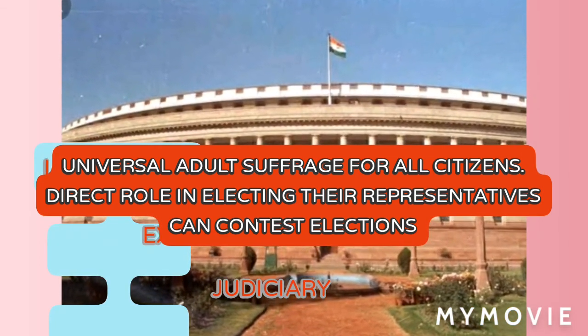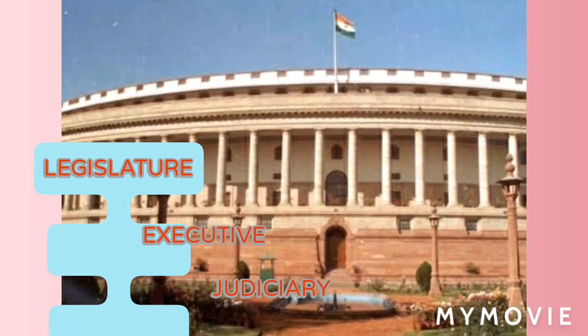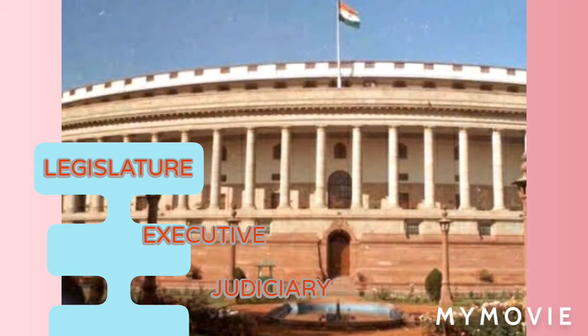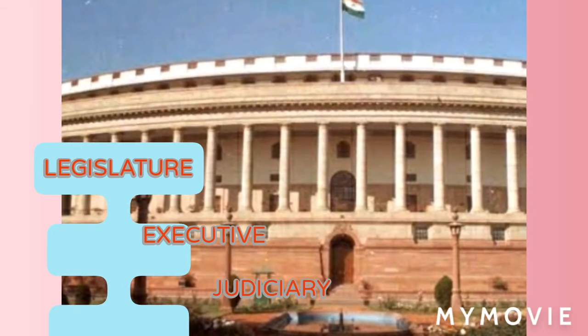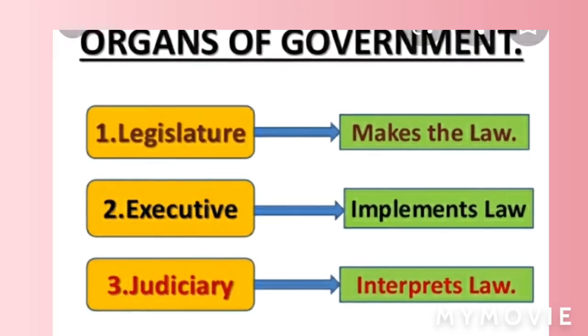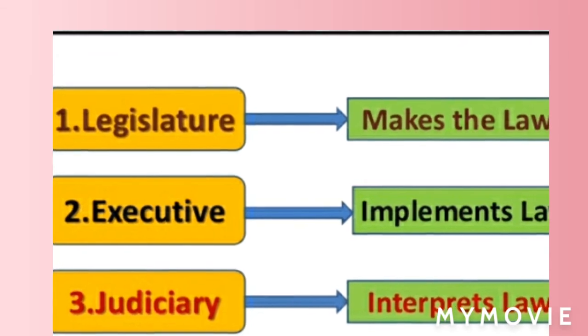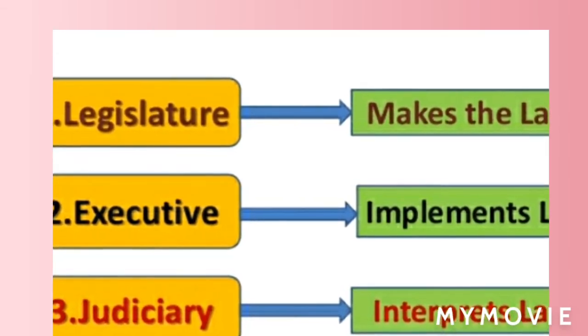So children, the next feature of the Indian Constitution is the separation of powers. According to the Constitution, there are three organs of the government. These are the legislature, the executive, and the judiciary. The legislature refers to our elected representatives who make laws.